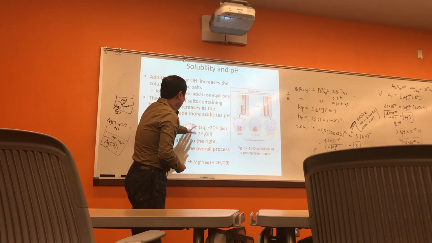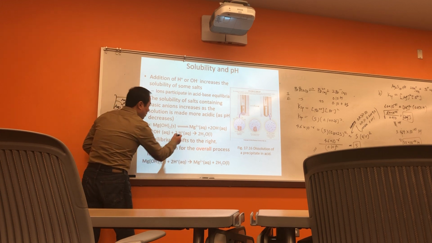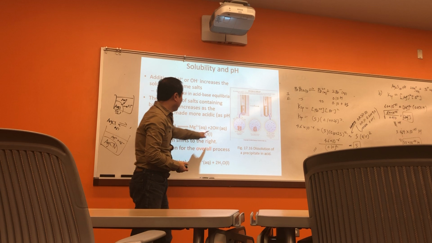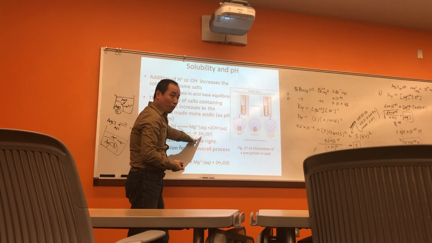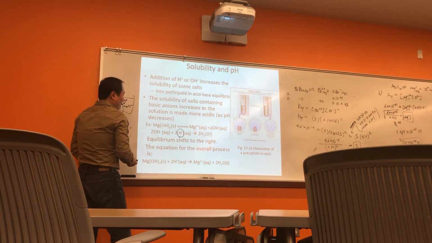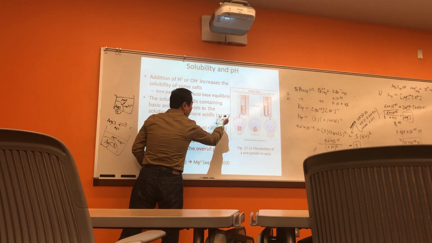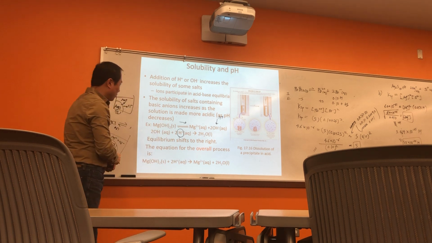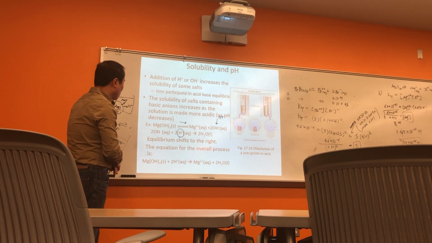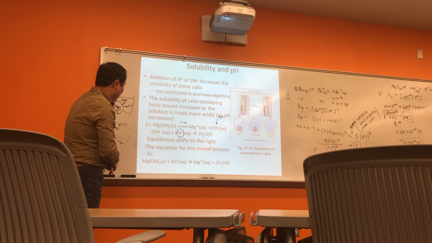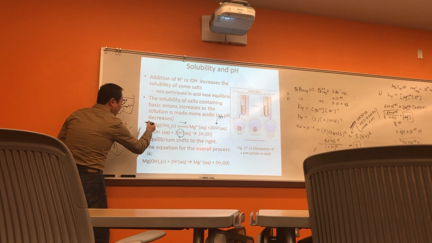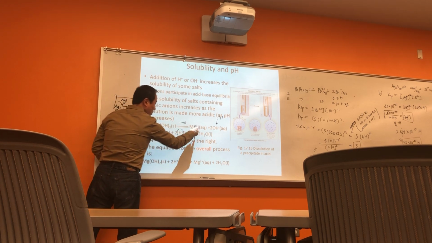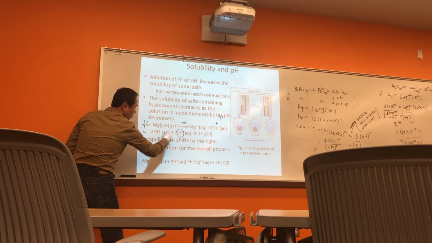To this equilibrium, if we add acid, the acid will react with hydroxide, forming water. So adding H+ to this equilibrium will shift the equilibrium in that direction, right? So it increases solubility. You can explain that as these two reactions: a regular dissociation, and if we add acid, there will be neutralization.